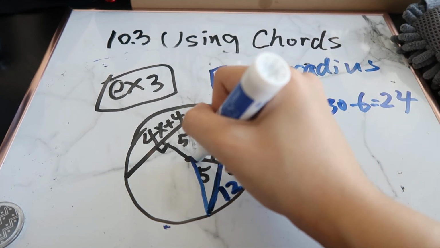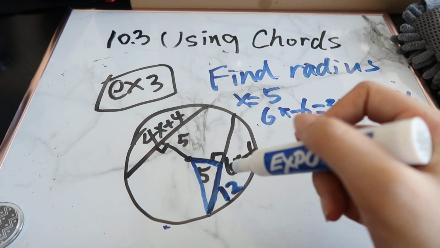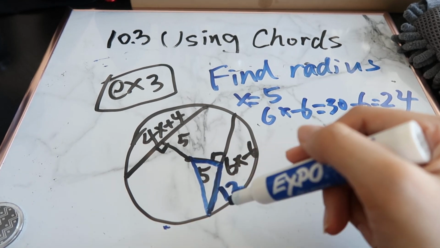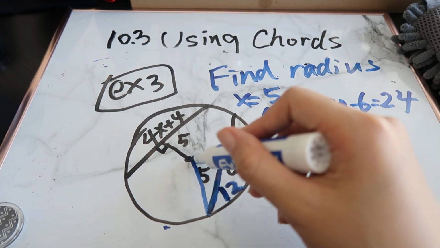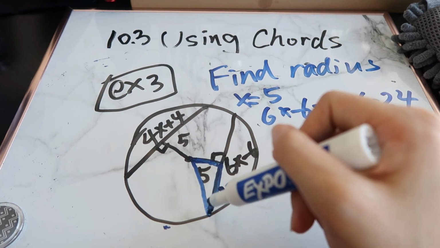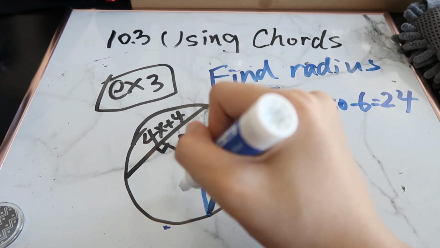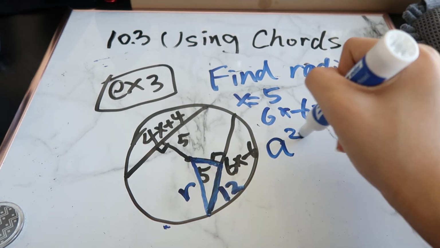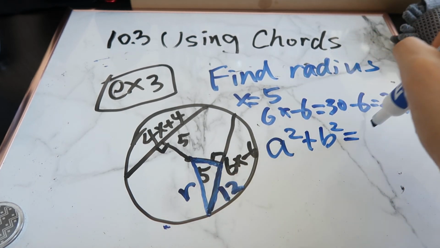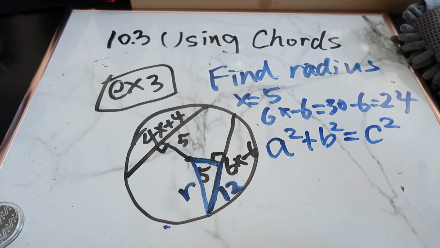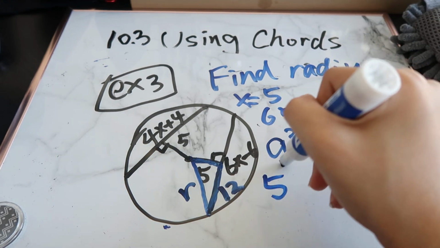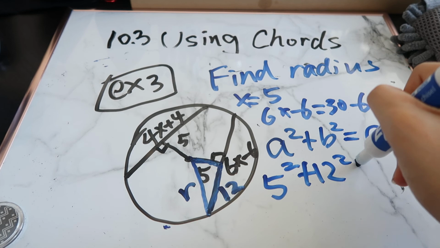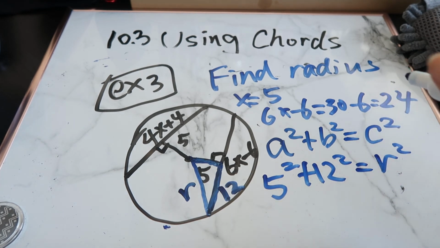Now, if you look at this triangle separately, we would know this is a right triangle, and then we have this part being 5, this part being 12. We're trying to find the radius. So in this case, we'll be using a squared plus b squared equals c squared, aka the Pythagorean theorem. So that will be 5 squared plus 12 squared equals r squared.